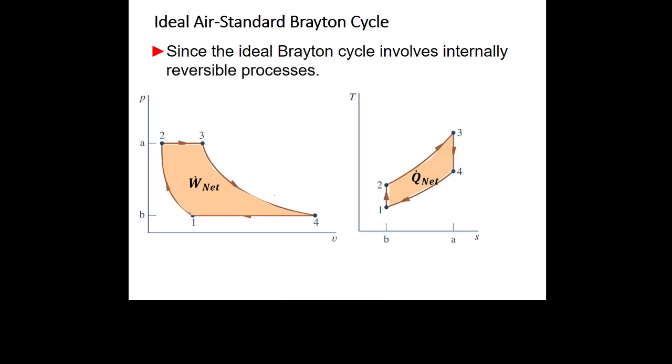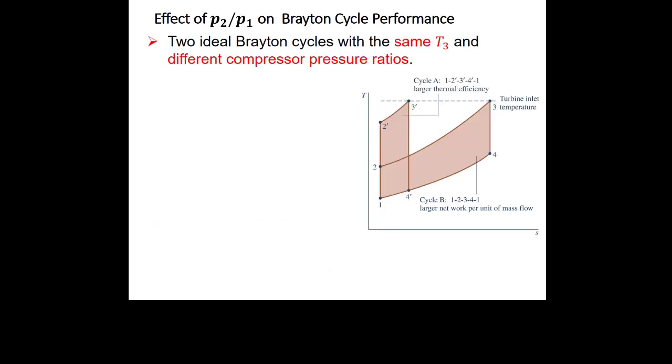We talked about this a little bit for internal combustion engines. But if everything was ideal, then the area inside your cycle on your PV diagram equals the area inside your cycle on your TS diagram, and that net work is equal to net heat.